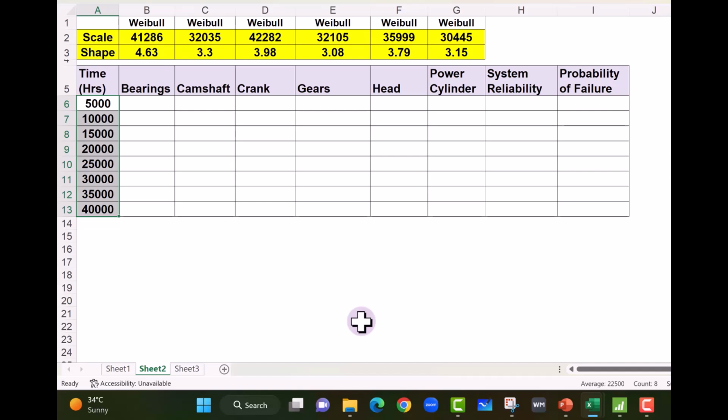Once you create this worksheet, let us now use the Weibull distribution formula to estimate reliability of each of the failure modes at each of the times. Remember that as per the Weibull distribution, reliability at time t is given by e to the power minus (t upon eta) raised to the power beta.